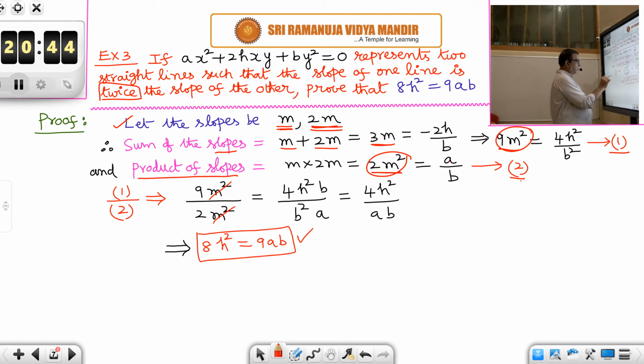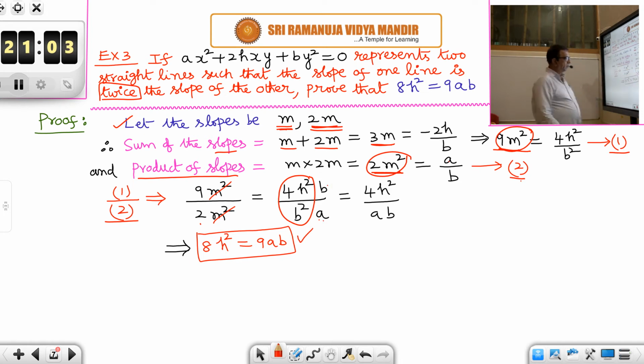So equation 1 by equation 2 implies the left hand side is 9m square by 2m square. Right hand side, 4h square by b square, that is the numerator, divided by a by b. Divided by a by b means multiplied by b by a.